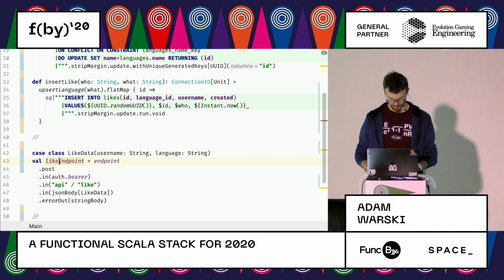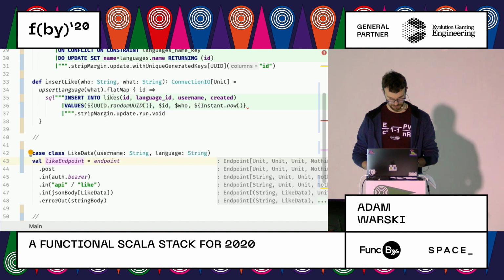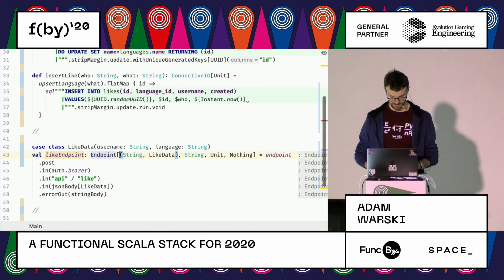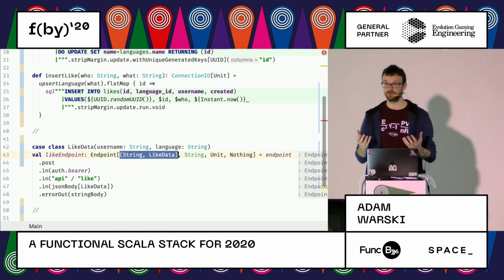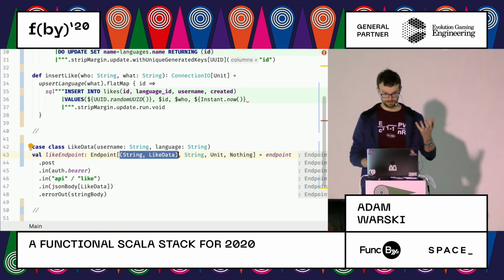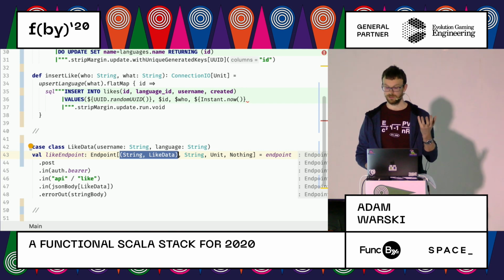So what we can do is now we can ask IntelliJ to infer the type, and we'll see what the type is here. So the type has 4 type parameters, and what the type says is the first type parameter are the values that we extract, that we map to from the request, right? So from the request we extract the bearer token and the body, right? That's a tuple of 2.